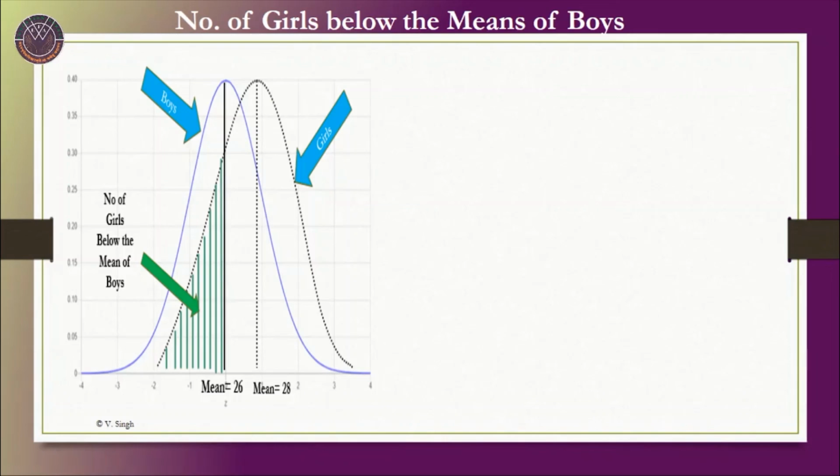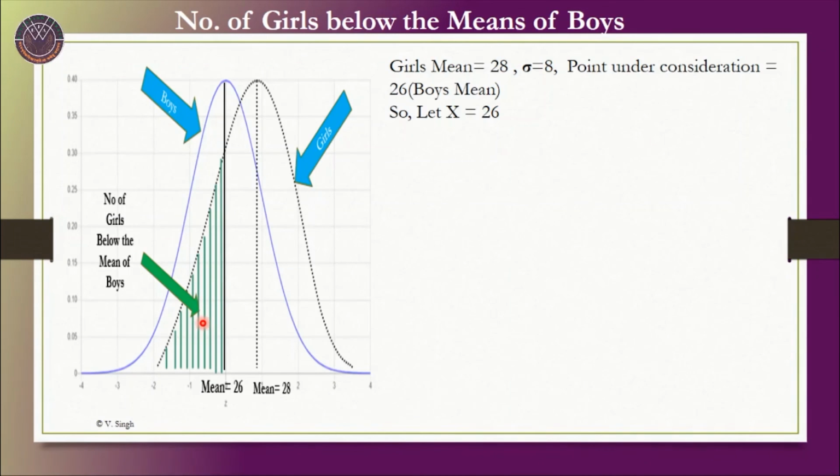Now to solve the second part, to find out number of girls below the mean of boys, in this particular question, we have to find out number of girls lying in this particular area, this green portion. So here girls mean, we know that girls mean is 28, sigma is 8. Point under consideration is boys mean, that is 26.